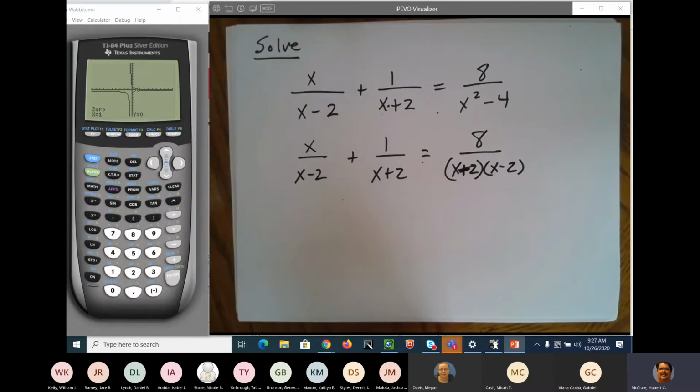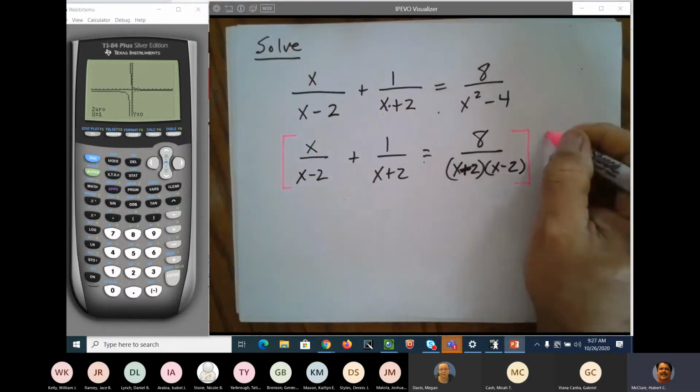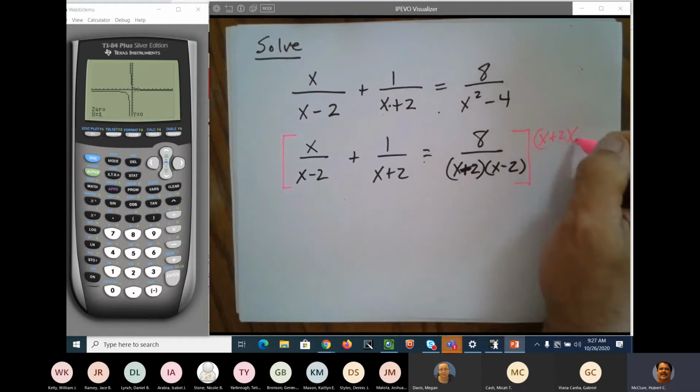So now the common denominator is x plus 2, x minus 2. So I'm going to multiply both sides by x plus 2 times x minus 2.